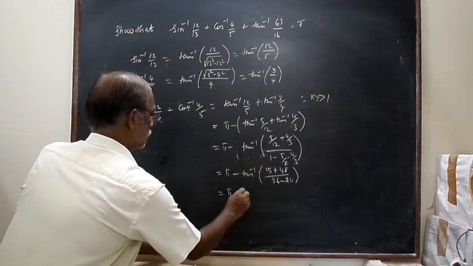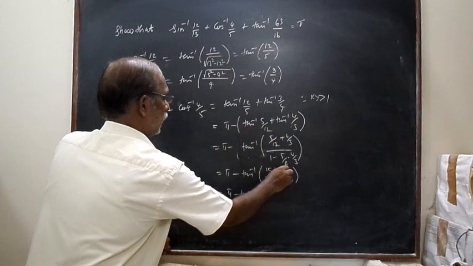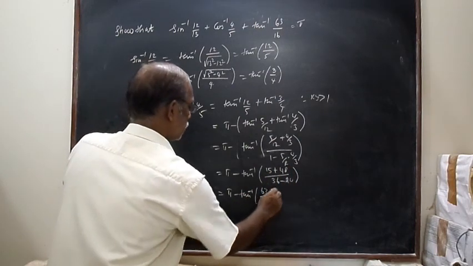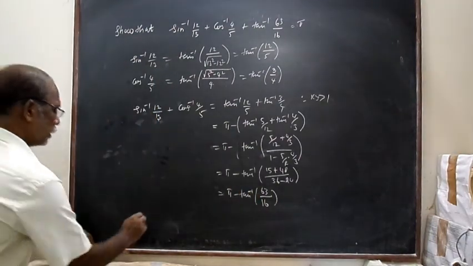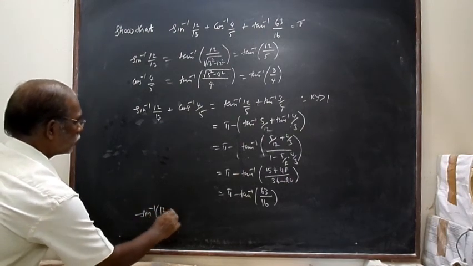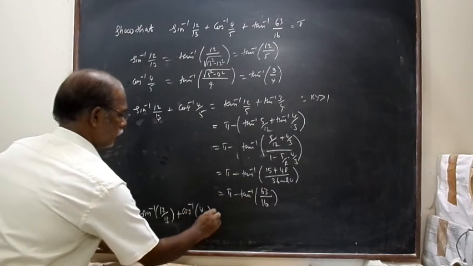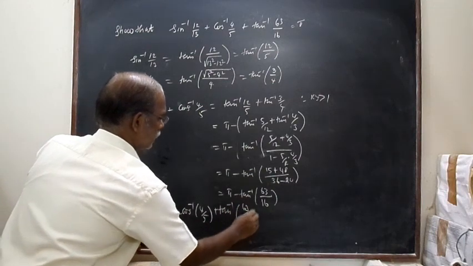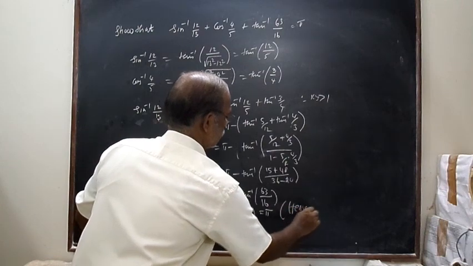Then pi minus tan inverse of 63 over 16. If we bring the negative term to the left side, then sin inverse of 12/13 plus cos inverse of 4/5 plus tan inverse of 63/16 will be equal to pi. This is the required result, hence proved.